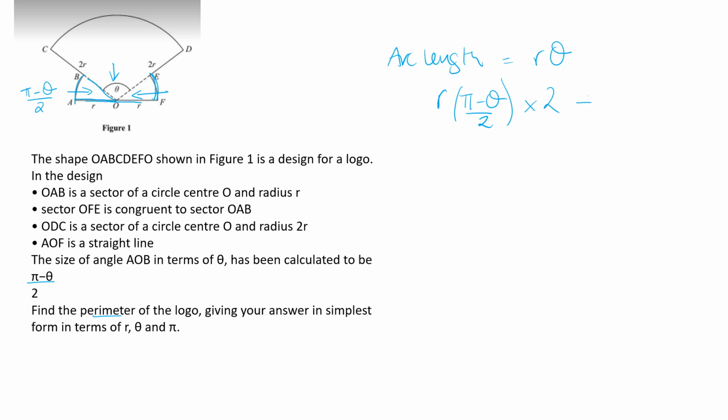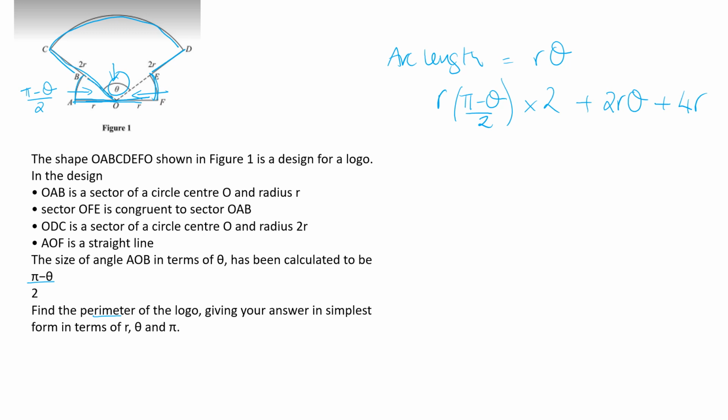Then we've got the larger arc length, which again is going to be r theta. The theta is theta, but the r in this case is 2r, so that's going to be 2r theta, and then we just need to add on the straight bits. There's an r here, an r there, and two r's across the bottom, so that's plus 4r.